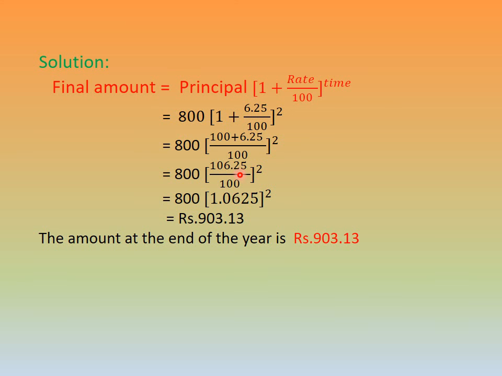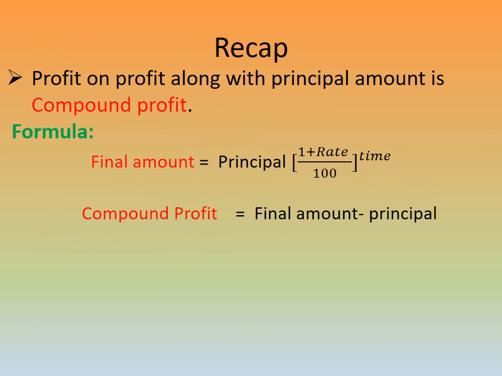After simplification, after taking this square, after multiplying 800 with this term, you will get 903.13. So in the last, the amount at the end of the year is 903.13. This is the final answer. By keeping all these points in your mind, you can solve remaining parts and remaining questions of this exercise.